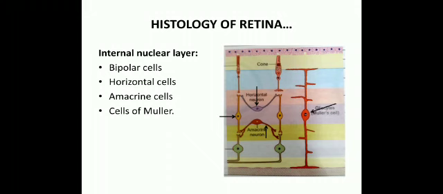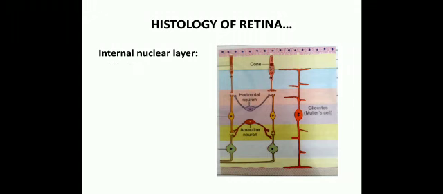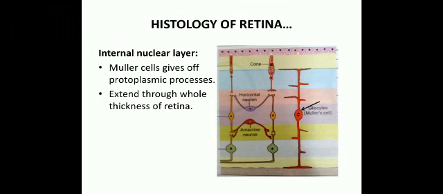These cells give off numerous protoplasmic processes that extend through almost the entire length of the retina. Externally, it passes to the outer nuclear layer, and at the junction of the layer of rods and cones with the external nuclear layer, it forms the external limiting membrane.